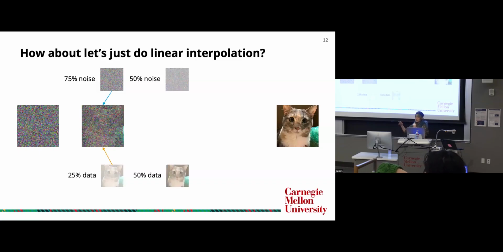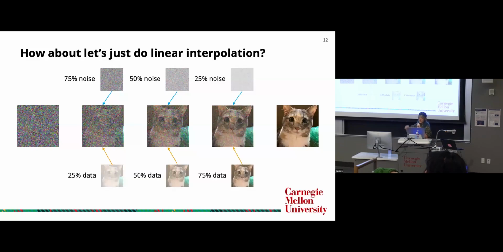And then as you go on, the portion of the noise becomes less and less, and the portion of data becomes more and more. And then you just construct a chain from very noisy to slightly less noisy to very, very clean data, right? So you could just construct this trajectory in this way.